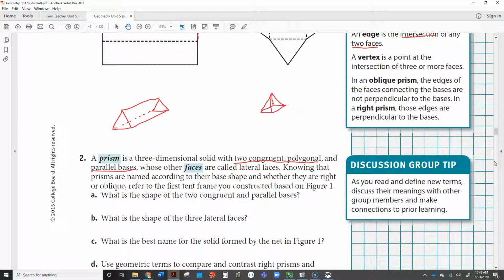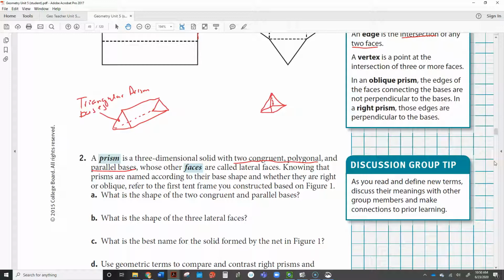So the prism is named based on this. So this is what we call a triangular prism. These two things right here, the ones that are parallel, those are always called the bases, even if it's not what they're sitting on.